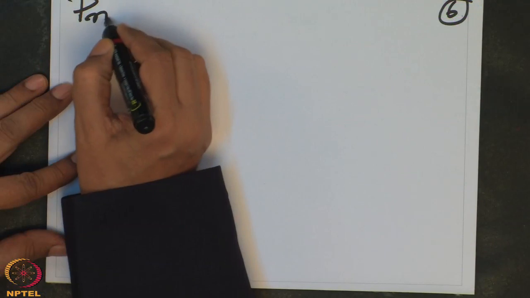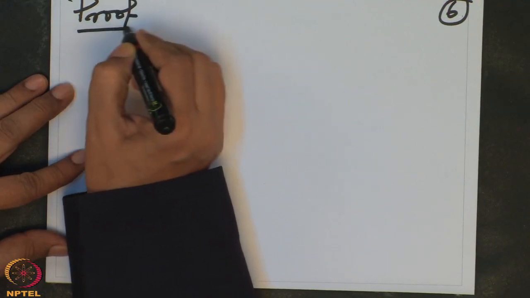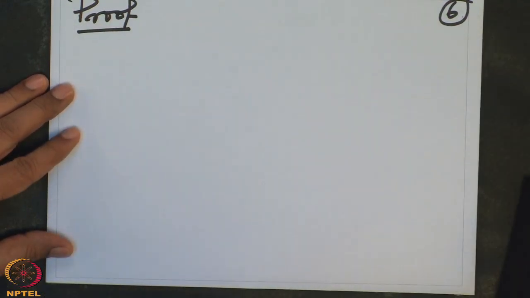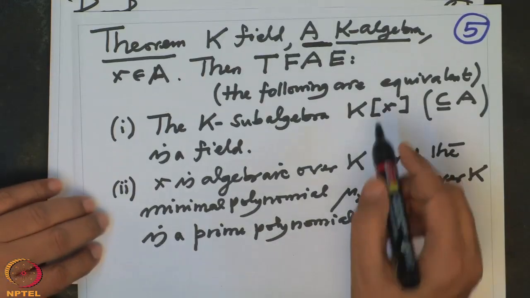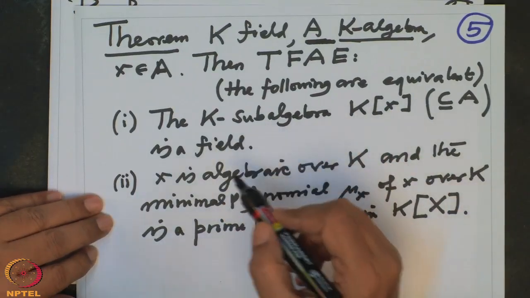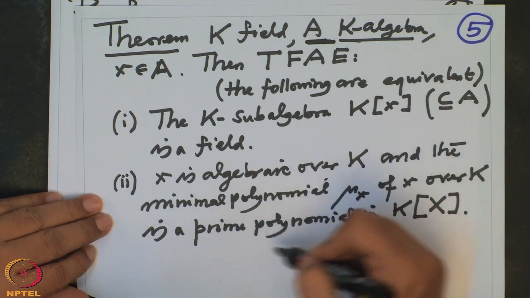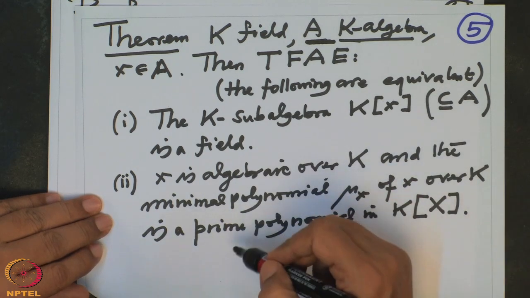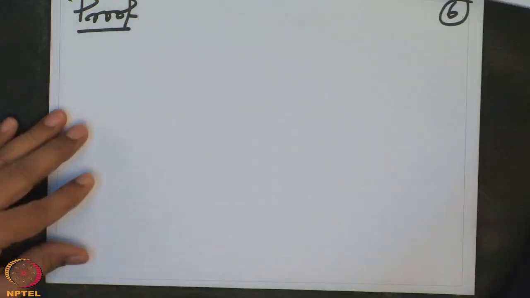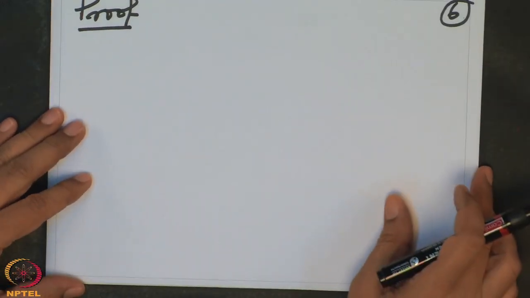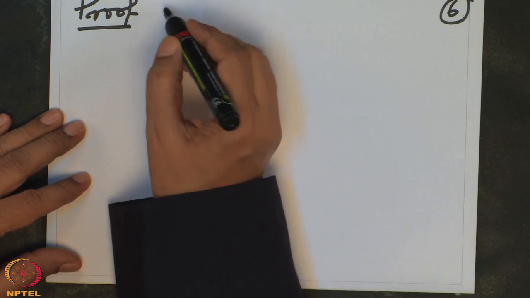So, proof. The fieldness of this K subalgebra not only gives information that x is algebraic, but it also gives the information about the minimal polynomial, that it is a prime polynomial. All right. So, 1 implies 2.